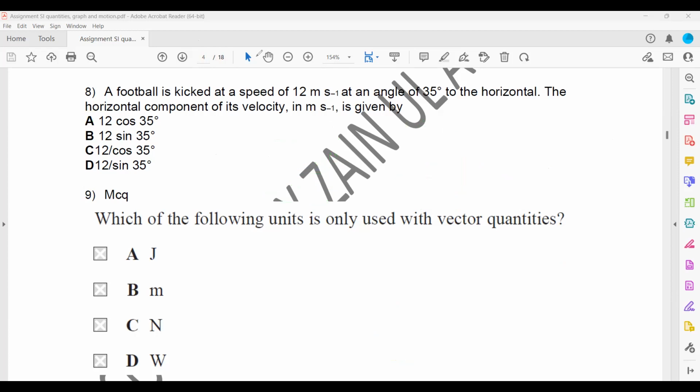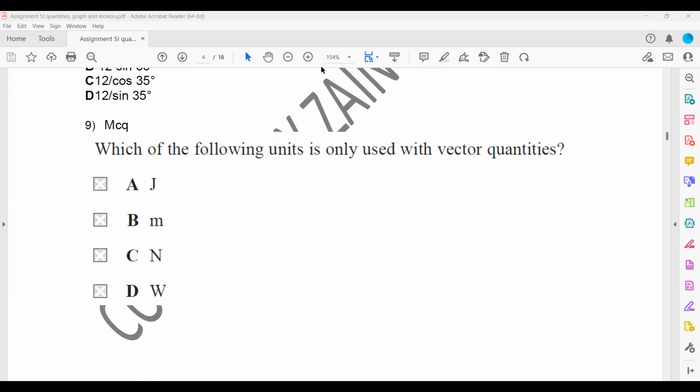Then, which of the following units is only used for vector quantities? Joule is a unit of energy and energy is scalar. Meter can be distance and displacement, so it can be used for scalar and it can be vector. Newton is a force and force, any kind of force, is vector. So C is the right answer.